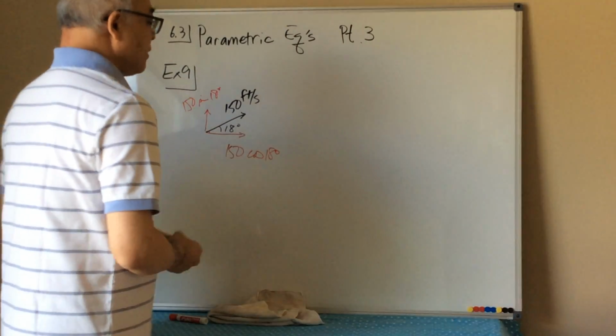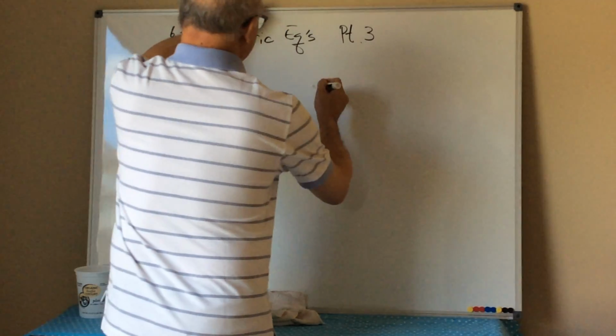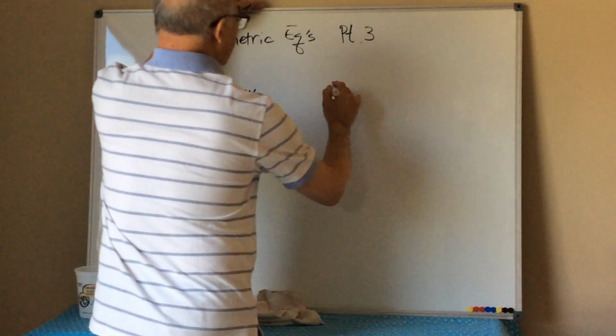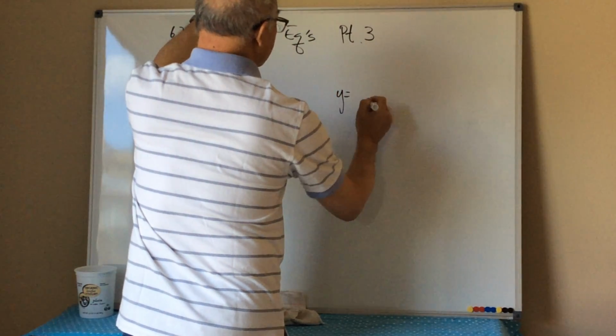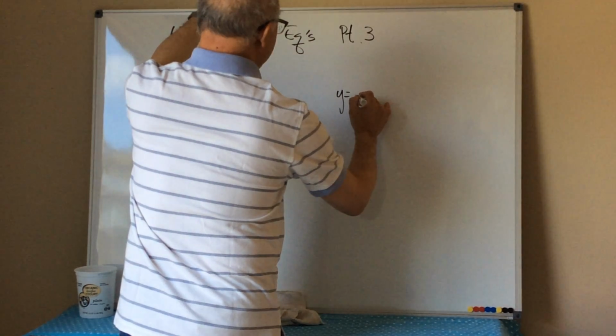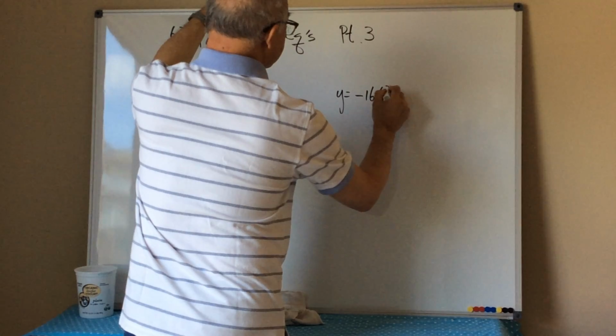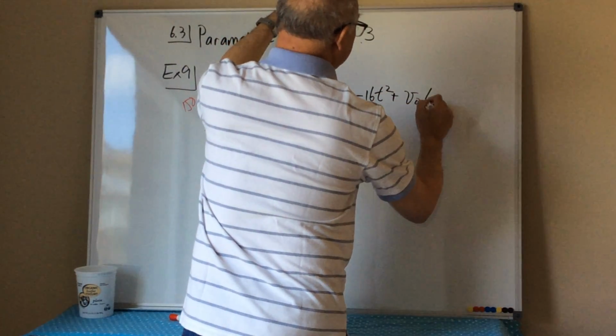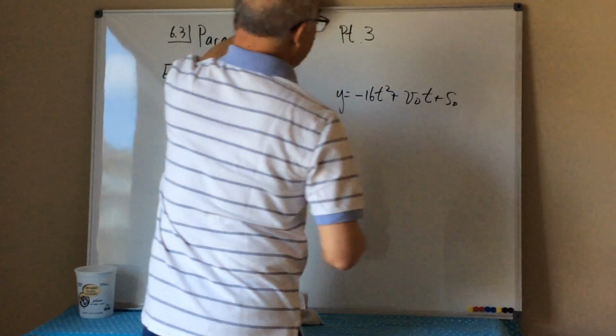If you remember, when we were doing free fall, we said that y was equal to negative 16t squared plus v naught t plus s naught.